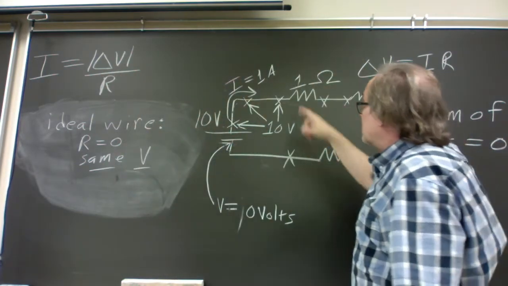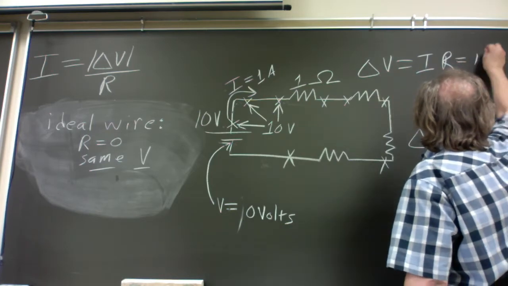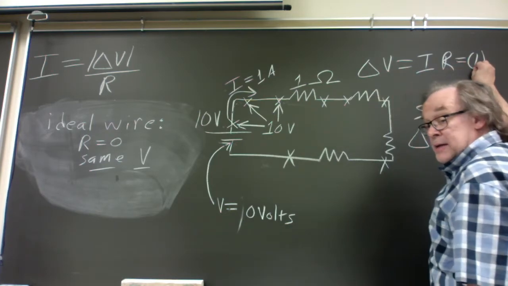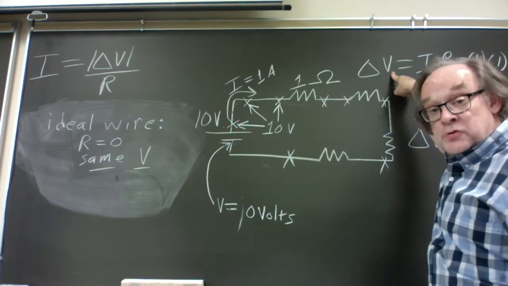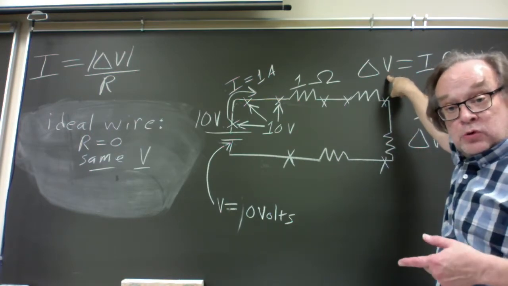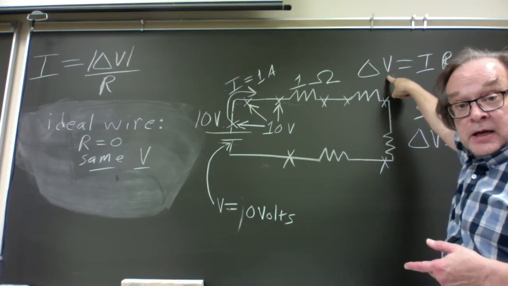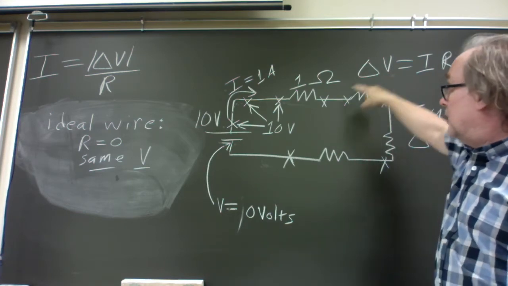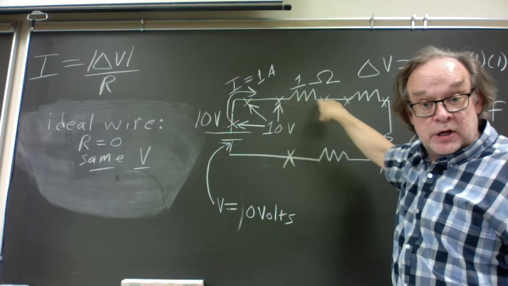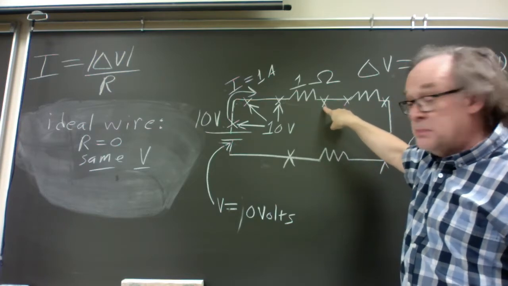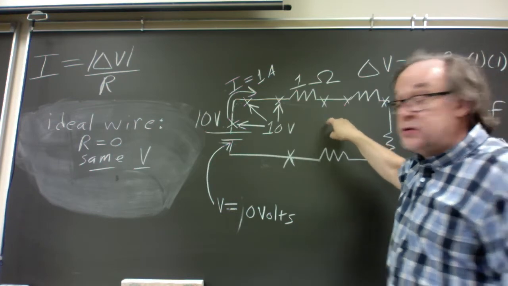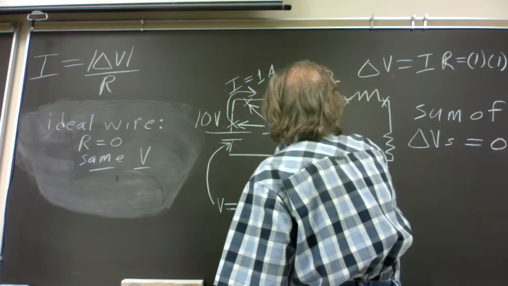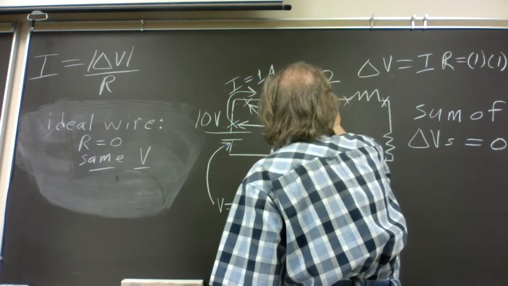And in this case, the current is 1 amp and the resistance is 1 ohm. So if you use amps and ohms, you'll always come out with volts for this. And so this result is 1 volt. That is, the potential difference between here and here is just 1 volt, which means the potential here is 1 less than here, 9 volts.